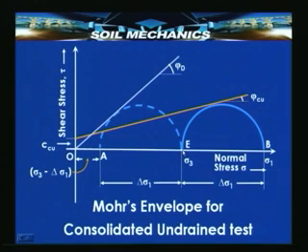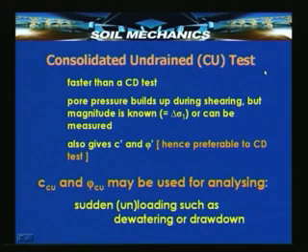On the other hand, if we plot the effective stress Mohr diagram, obviously as per the reasoning we gave a little earlier, the envelope should give you the drained friction angle and it should pass through the origin O, as long as this soil is a normally consolidated soil. In this test, the pore pressure buildup is allowed during the application of shearing.